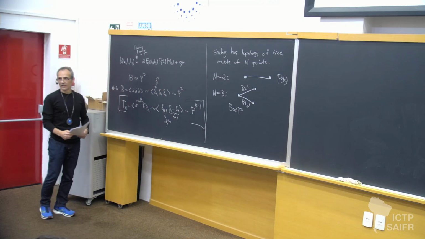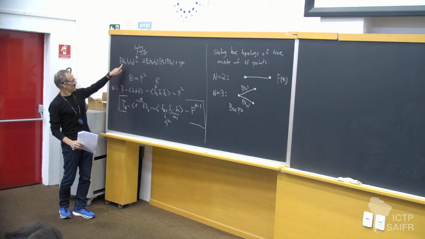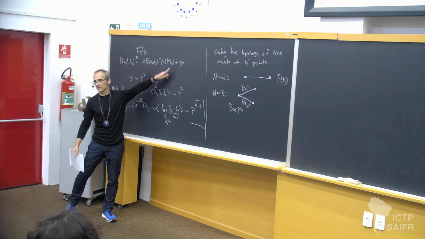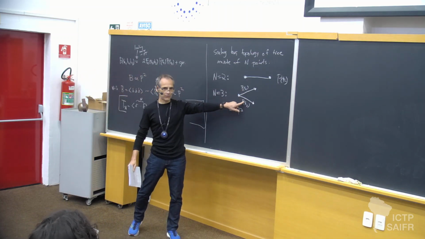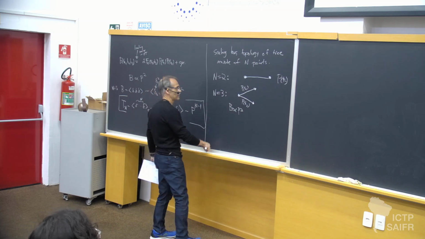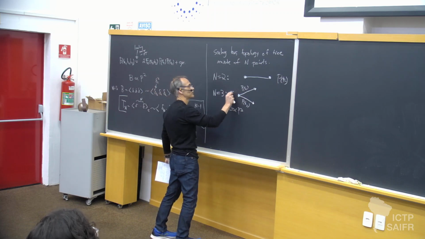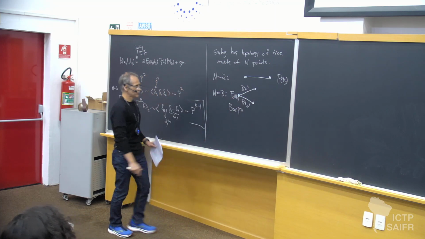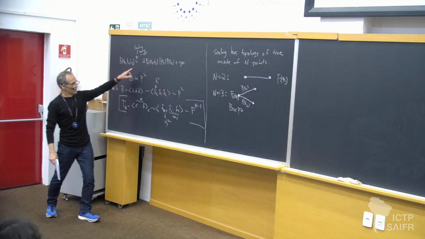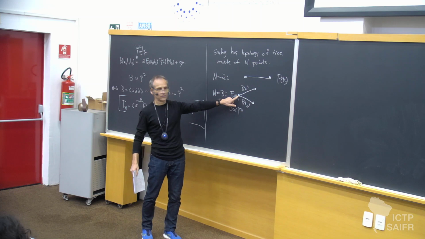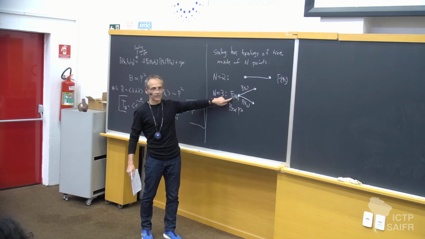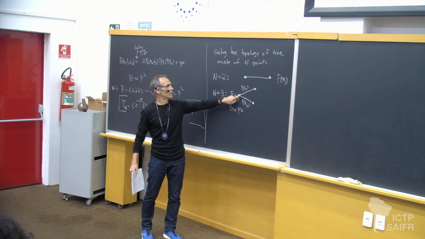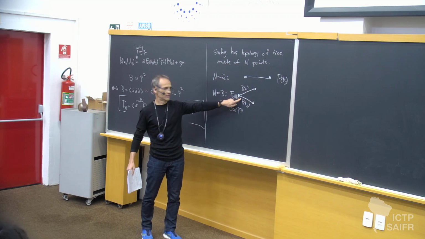Now you can be a little bit more precise. If I want to write the precise expression, each link counts for a power spectrum, and this vertex is going to be the F2 kernel of k1, k2. So in these diagrams, each vertex has an F kernel whose order is the number of links it has, in this case 2.